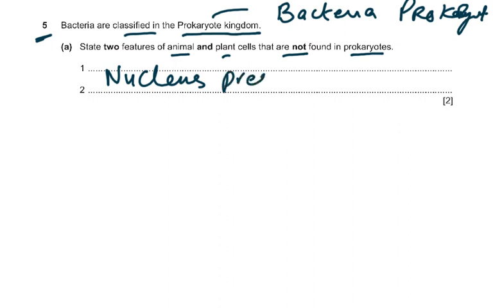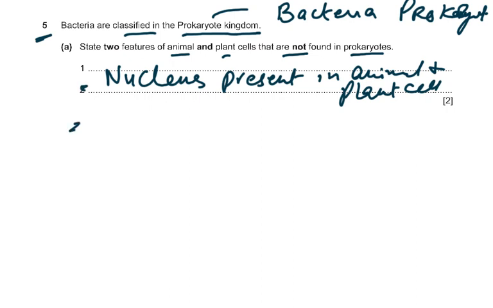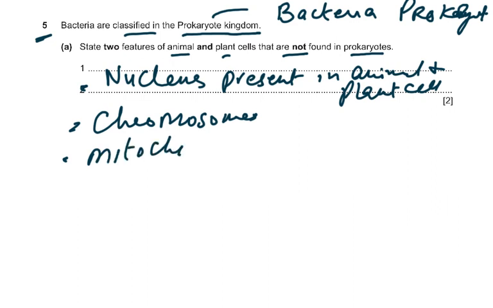Nucleus is present in animal and plant cells, and there is no nucleus in bacteria. Second point, there are chromosomes in animal and plant cells; there are no chromosomes in bacteria. Then there are mitochondria, present in animal and plant cells.